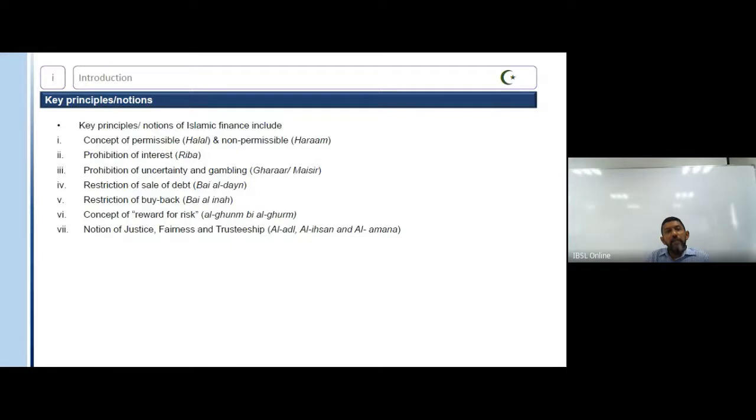Then there is a final notion of justice, fairness, and trusteeship, which means that in all transactions, you should ensure that rights of everybody around are respected and protected. So rights of the stakeholders in transaction are treated fairly and respected, and that whatever the assets we own, we are short-term owners of that assets.